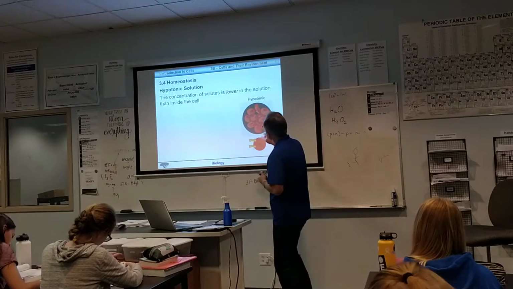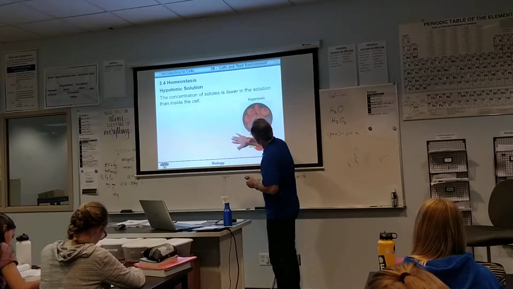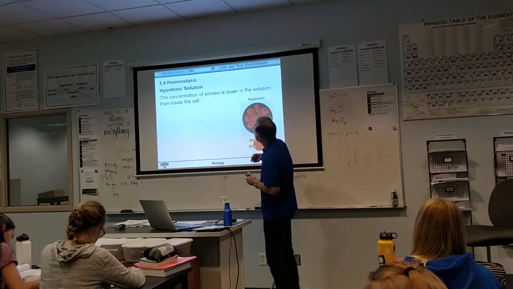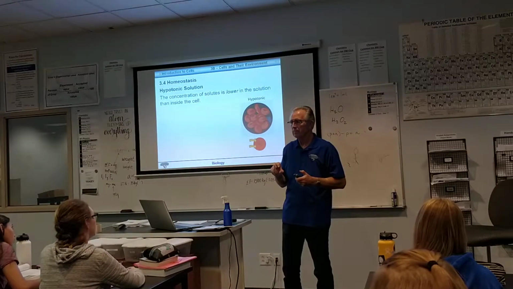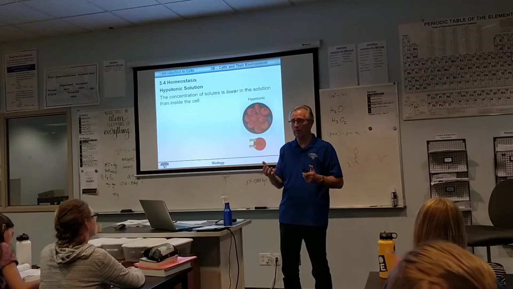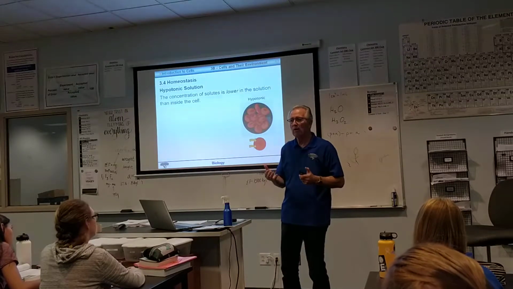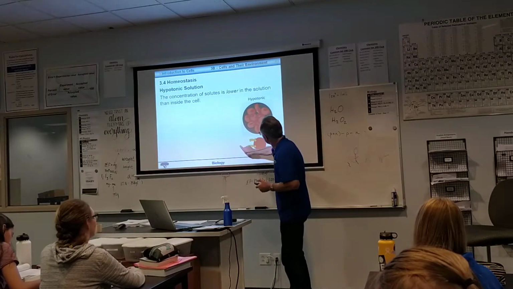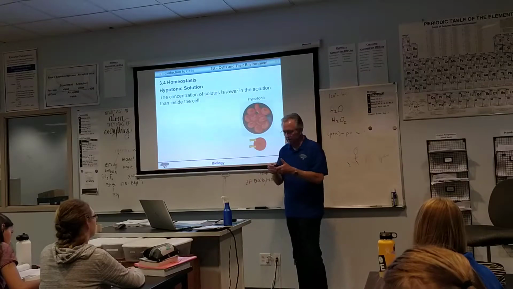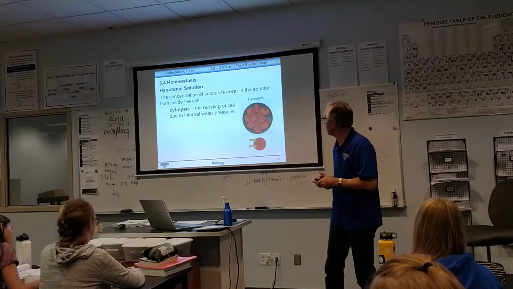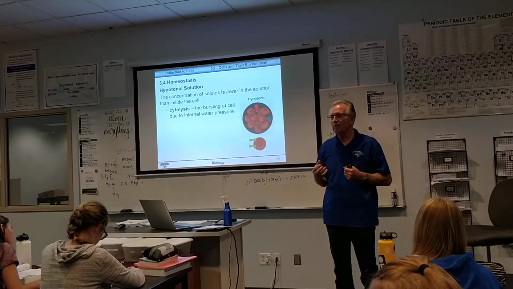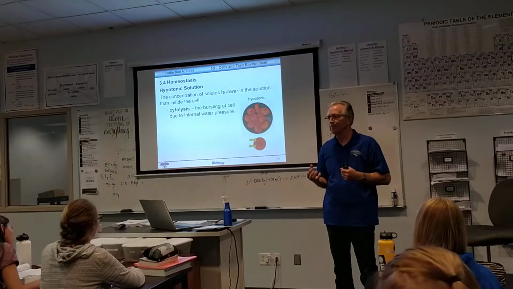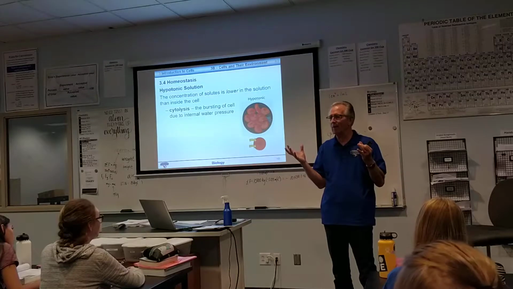So in this one, this area out here has a lower amount of solids. So that means it has a higher amount of water. Which way will the water move? Well, it's going to want to move into the cell. What's going to happen to the cell eventually? It's going to swell up and pop, right?